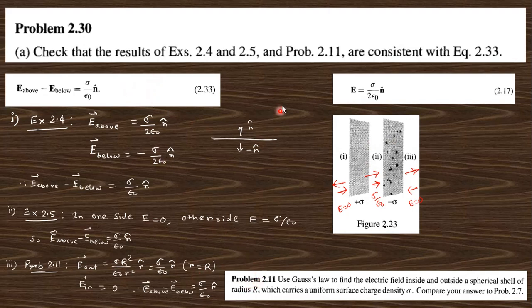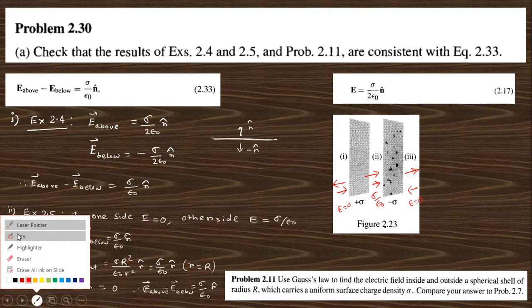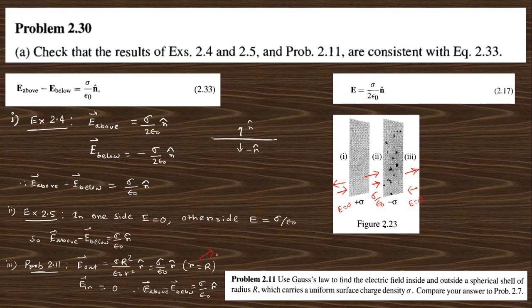And third, Problem 2.11, which gives the electric field inside and outside a spherical shell of radius R. Outside, the electric field will be like that, and inside the electric field will be 0. At the surface, small r equals capital R, if you put small r equal to capital R, you get sigma by epsilon naught r cap.